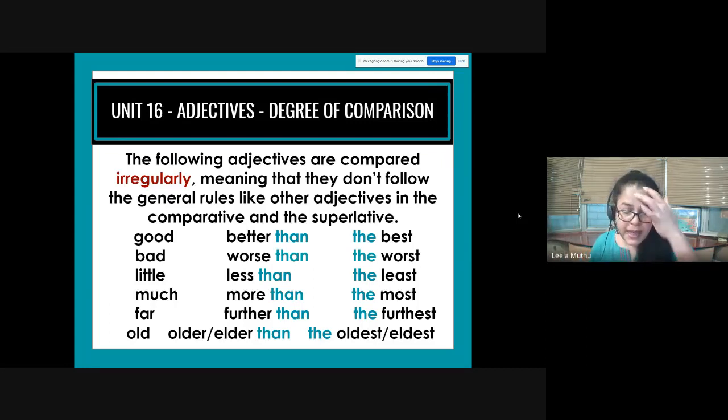And then you have old, older than, elder than, the oldest, the eldest. I'll explain as we progress, because there's a separate explanation for the positive, comparative, and superlative forms of the word old. So that is separate. Now these are irregularly compared adjectives. You have to learn them and use them when you're talking.